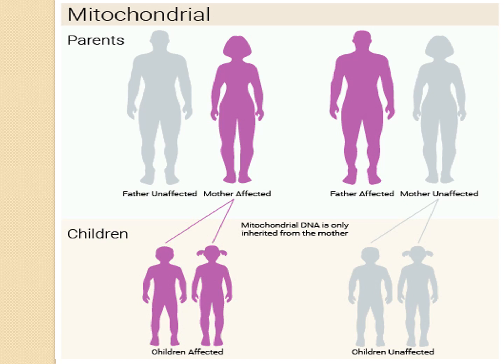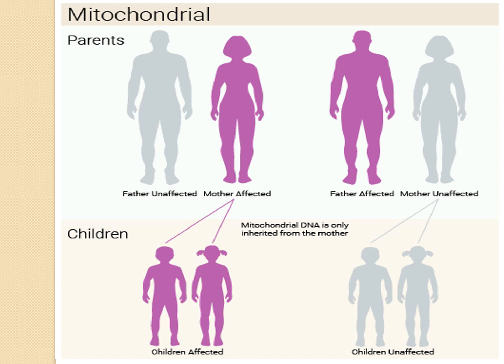Okay, now one very common example of mitochondrial disorder is Leber hereditary optic neuropathy, that is LHON. What is this condition? This is a condition in which the cells on the retina are getting degenerated, or getting destroyed. So what is happening?